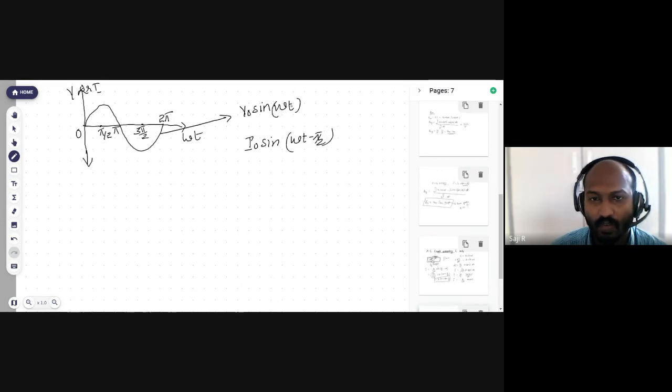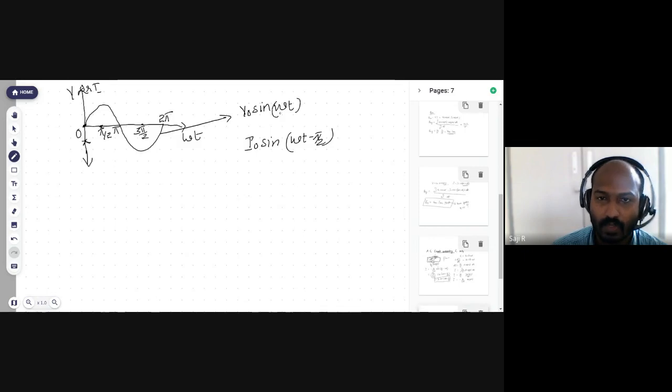When omega t is equal to 0, this becomes sin of minus pi by 2, which is minus 1. So when omega t is 0, the voltage is 0, but at the same time the current is minus I0.